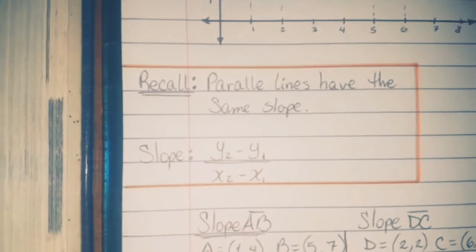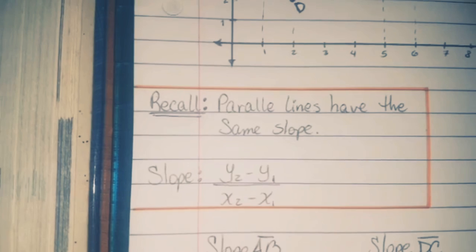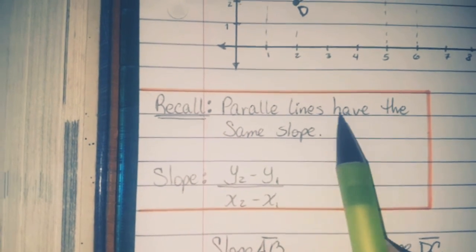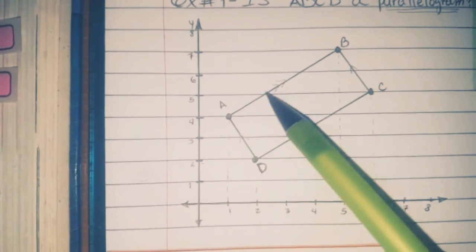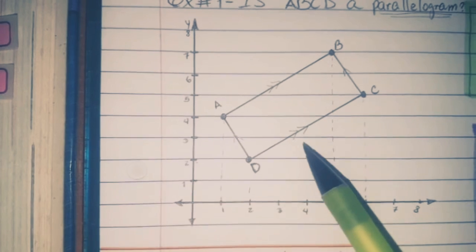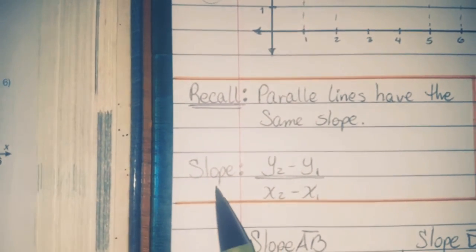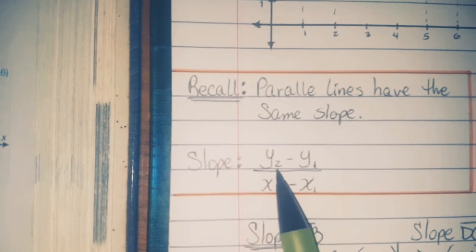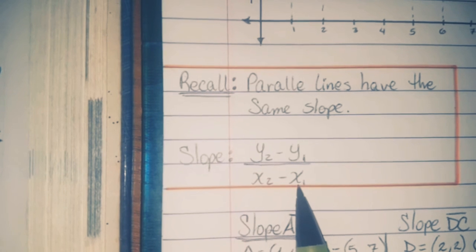For that, let's recall a few concepts. Parallel lines have the same slope. That means AB and DC would have the same slope if they were parallel, right? And let's also recall the formula for the slope, which equals y2 minus y1 over x2 minus x1.